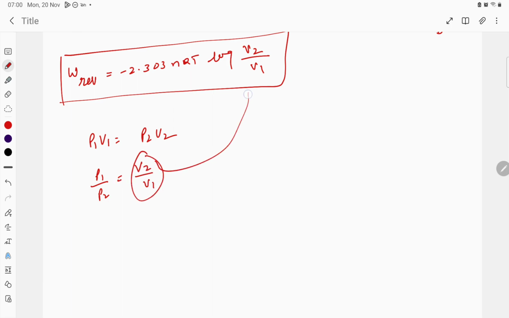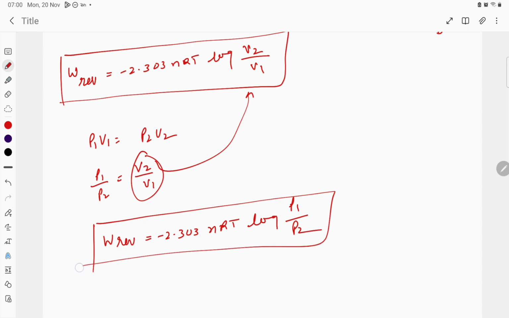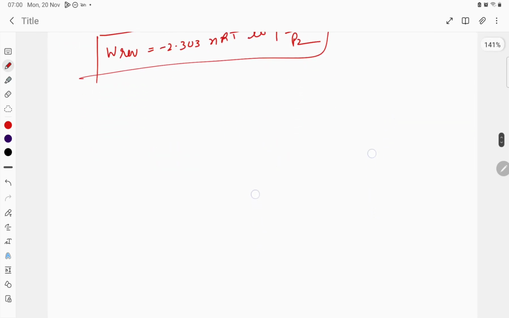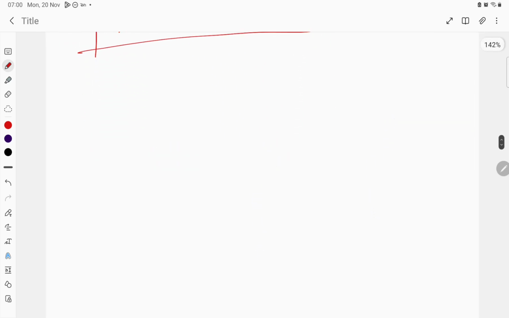So this value we are going to put here. So W reversible is minus 2.303 nRT log P1 upon P2. Now the next, the same things we are going to understand in the case of this one.